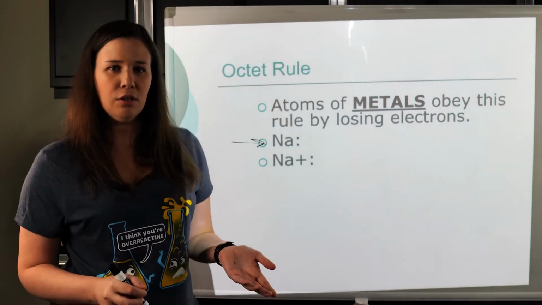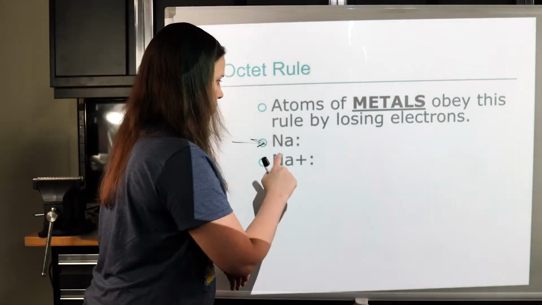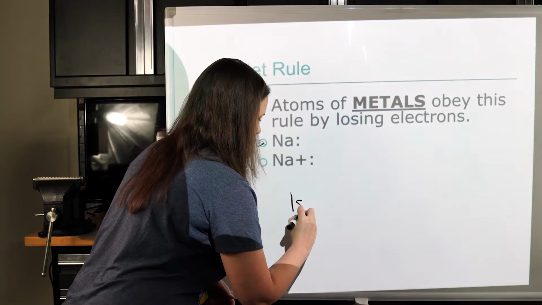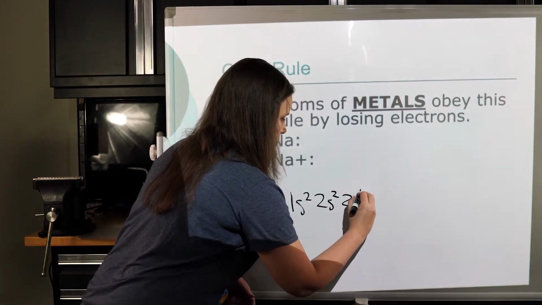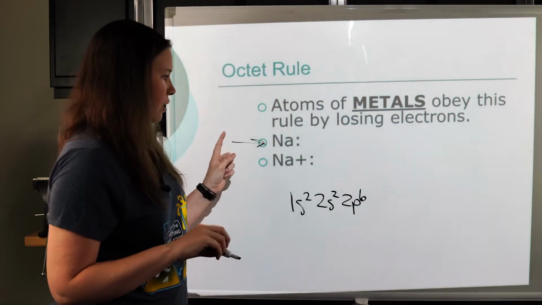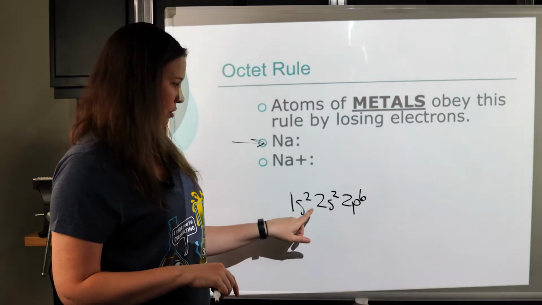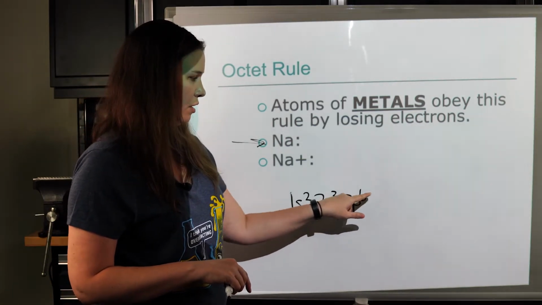I want to write out the electron configuration for sodium so that we can see what happens when we gain or lose electrons. So we would start at the beginning, 1s2, 2s2, 2p6. That's going to get us all the way through neon. And then sodium has 11 electrons, right? So far we've got 2, 3, 4, 5, 6, 7, 8, 9, 10.